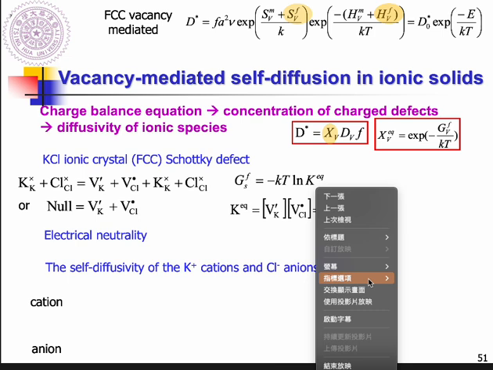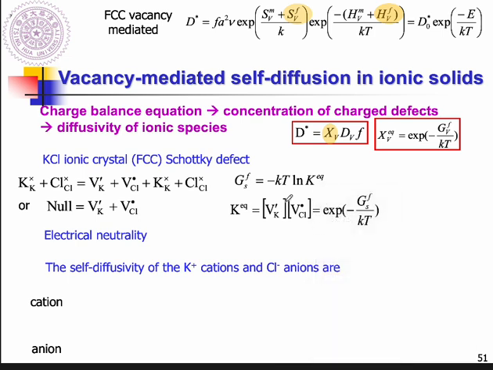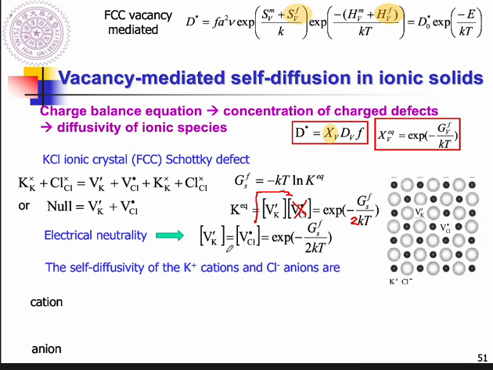I can write it down as a square, and because this is a square, I can get VK as the square root of this one. So VK equals to this, right? This is how this equals to this, and I got this one.